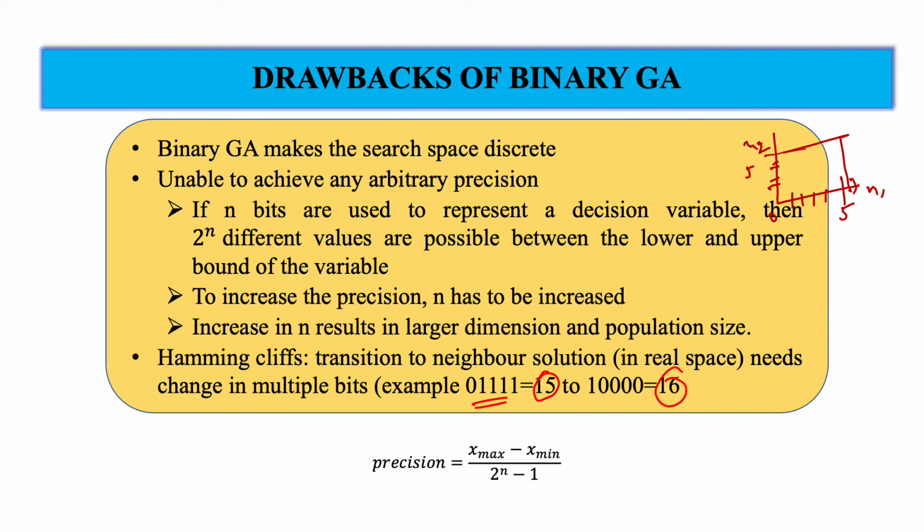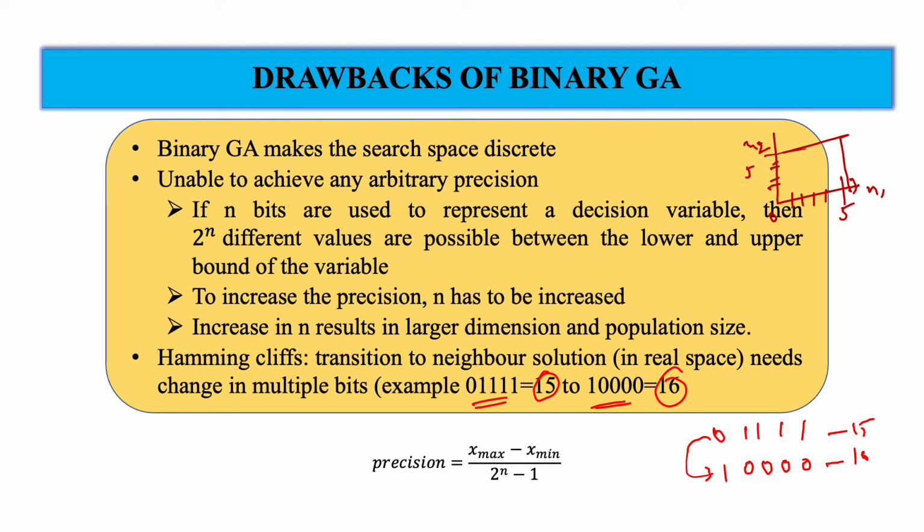If you think about it, in real space they are close. Whereas for this solution to become 1 0 0 0 0, which has the decoded value 16, it is far in binary space.